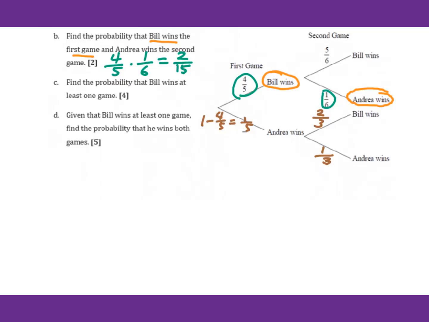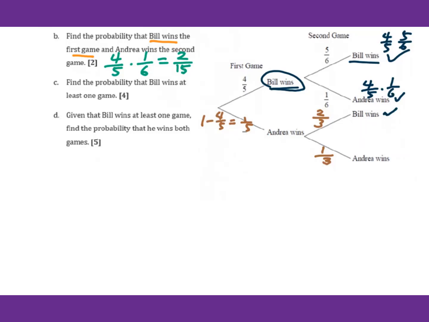Let's go to C. Find the probability that Bill wins at least one game. So we know this is Bill wins 2. This is good. Bill wins 1 game. That's good. Bill wins 1 game. That's good. This one is not. That's why you will do 4/5 times 5/6. Then this one you do 4/5 times 1/6.